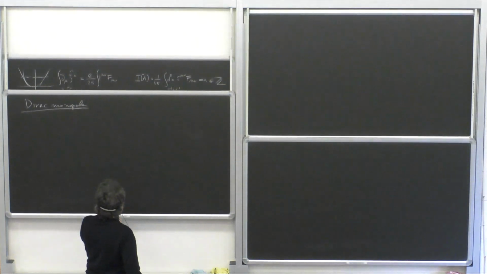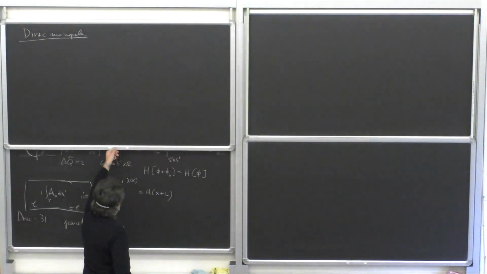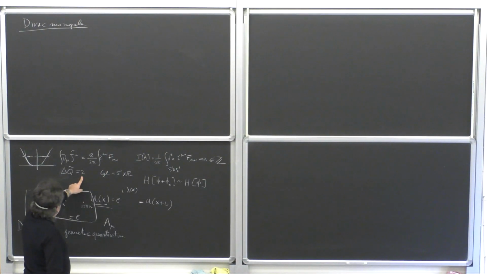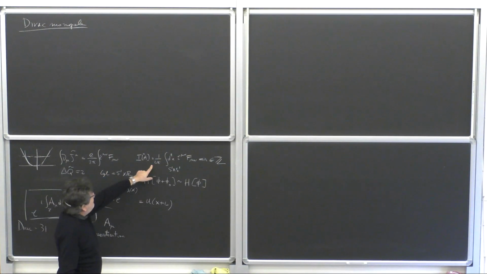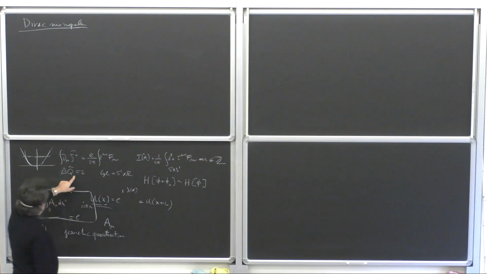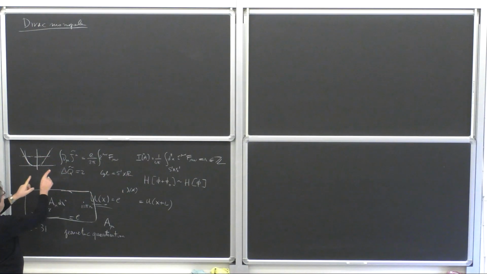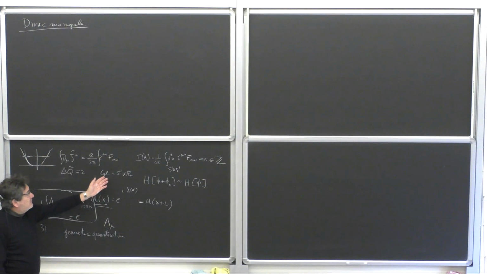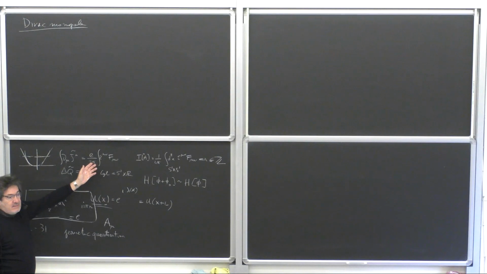Delta Q is 2, and this is 1. The minimal value is 1, and this is minimal value 2, because you have two contributions, one from here and one from here. We managed to do the gauge transformation yesterday, and this was well defined.